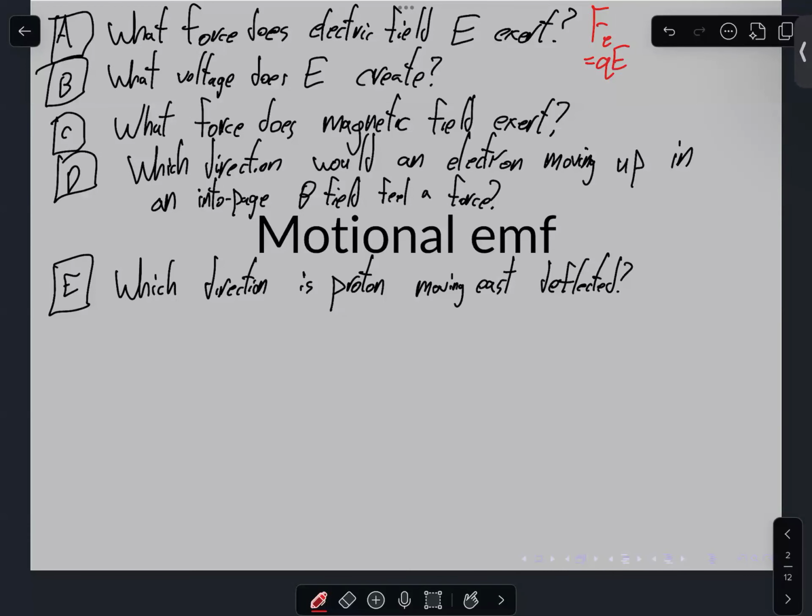The magnetic force formula is QVB sine theta if you're into trig. The relationship between voltage and electric field: change in voltage equals negative E times change in position. What I'm looking for is F equals EX or F equals ED.